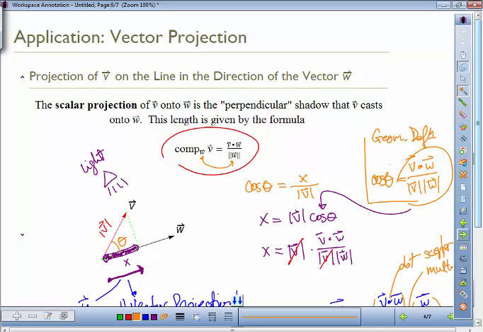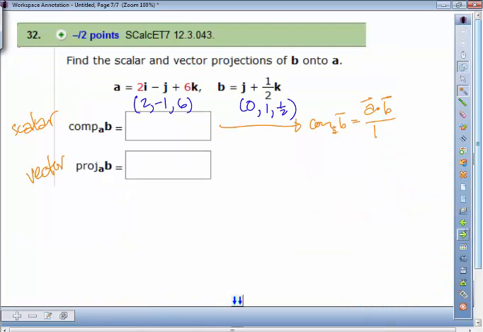So that's a good way to remember. Look at the subscript because that's where it's projecting onto, and that's your base vector.